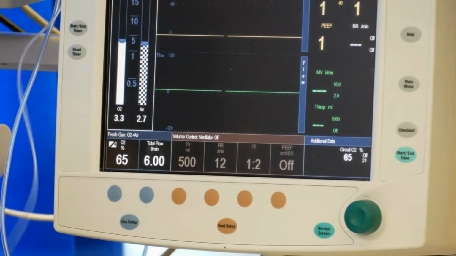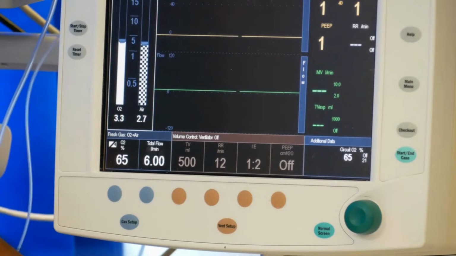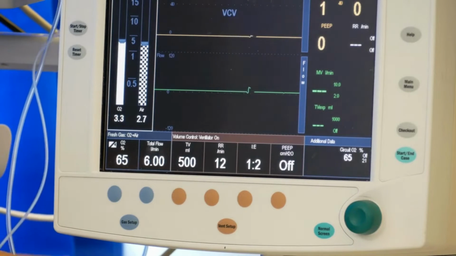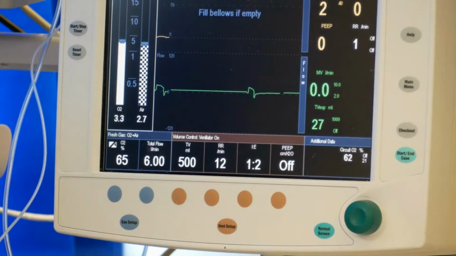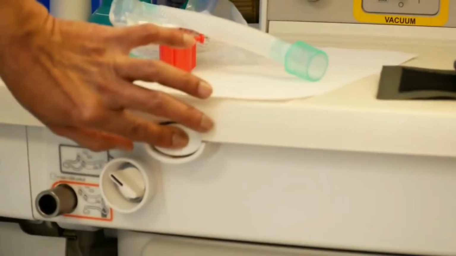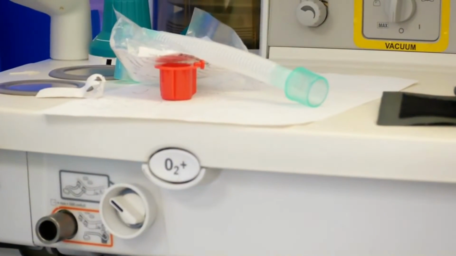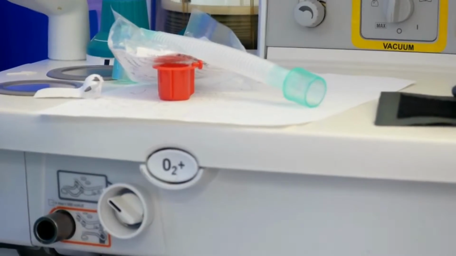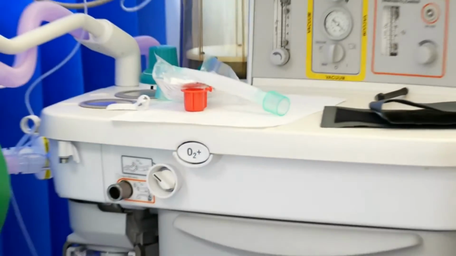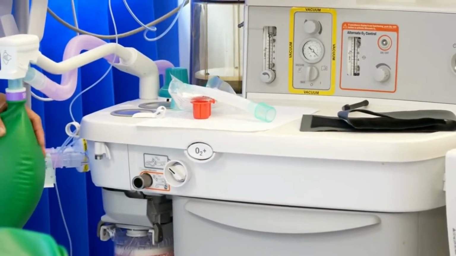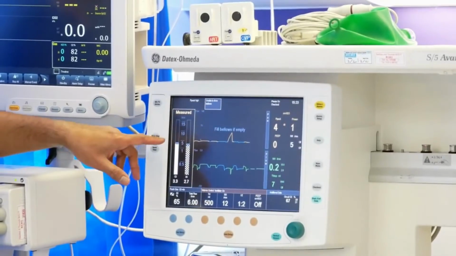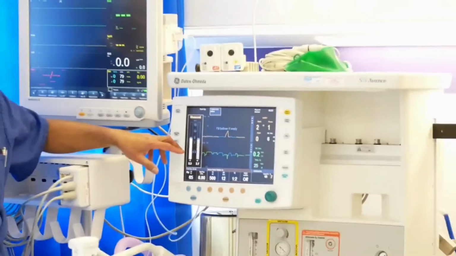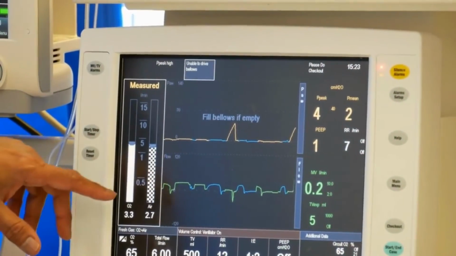Now, once the patient is on the breathing machine, you can hear some alarms coming up. I will explain them.